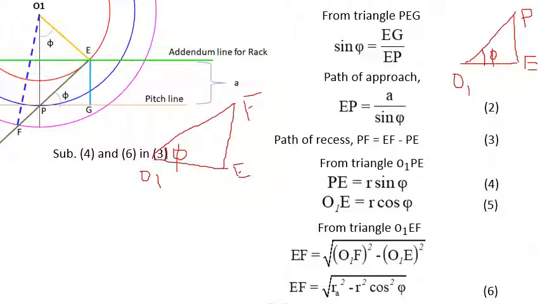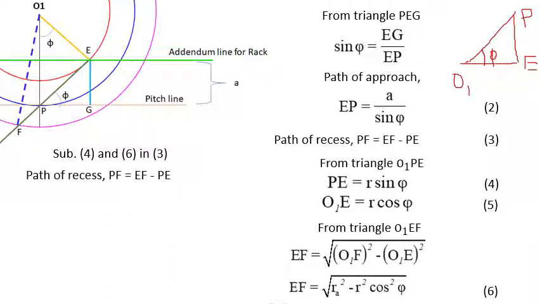Now substitute equation numbers 4 and 6 in equation number 3, because equation 3 has EF and PE terms. So EF is the root of RA square minus R square cos square phi, whereas PE is nothing but R sin phi.